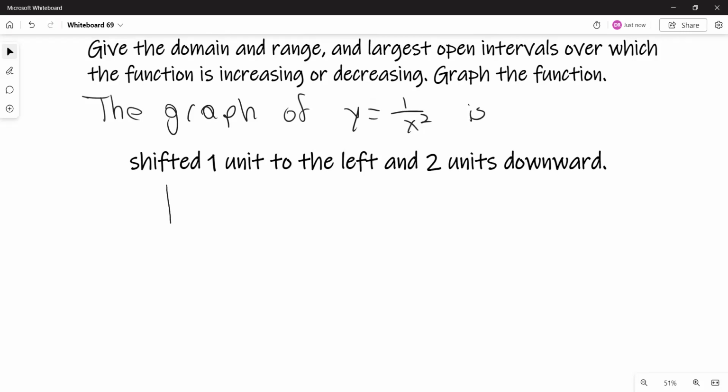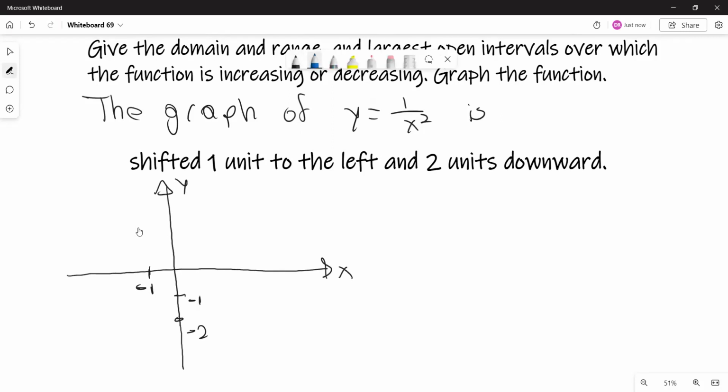So let's see. So we know that the graph is going to be shifted 1 unit to the left and 2 units downward. So anything else? So we know the vertical asymptote. And the horizontal, well, that was the horizontal asymptote and the vertical asymptote.